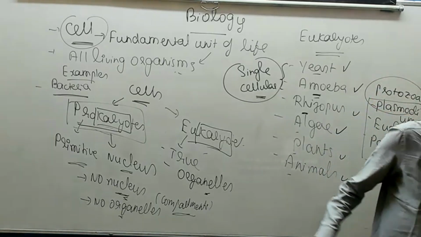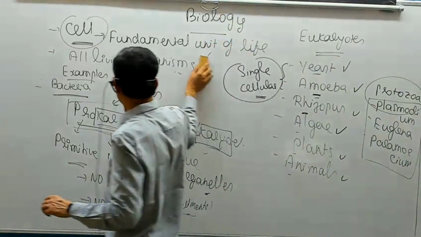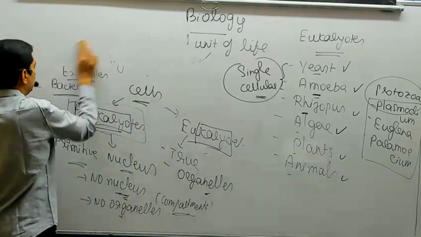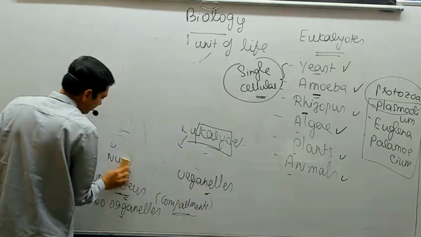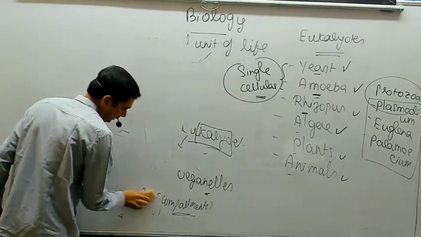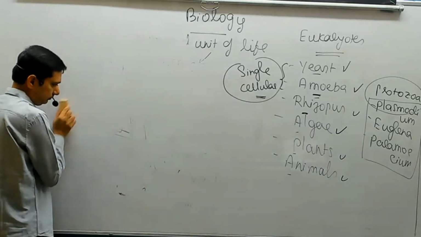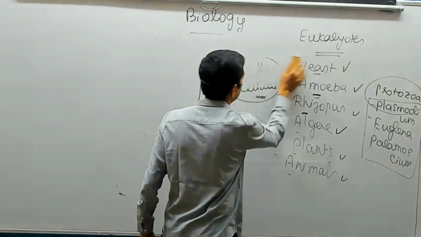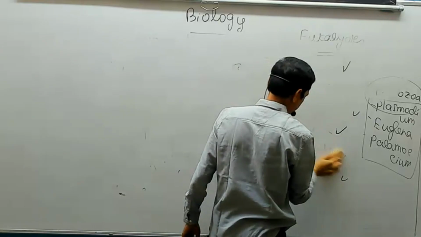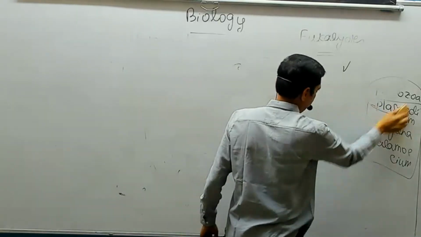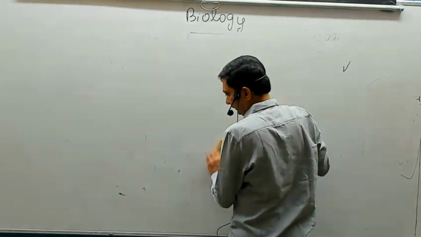So here we are going to see eukaryotic cells and organelles in eukaryotic cells. Can you list some of the organelles you find inside the eukaryotic cells? Can you think about some organelles?